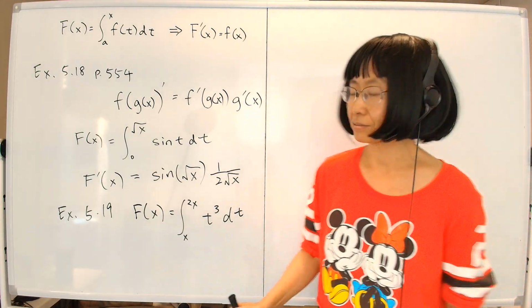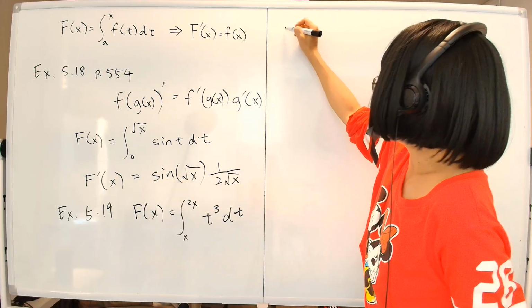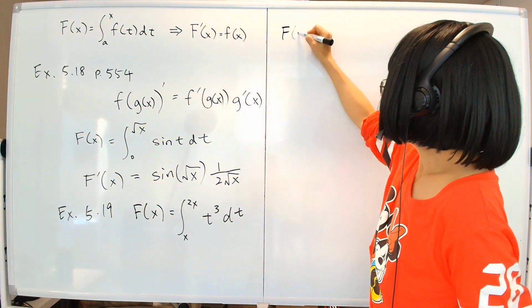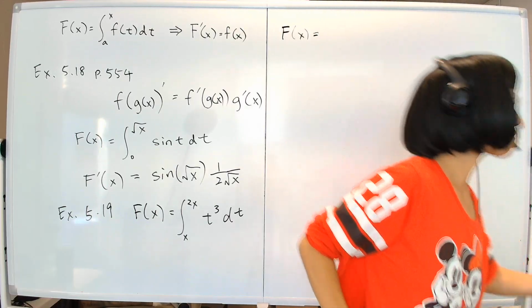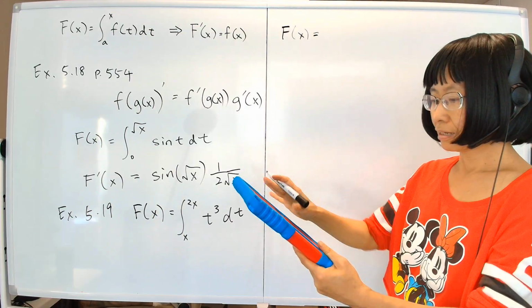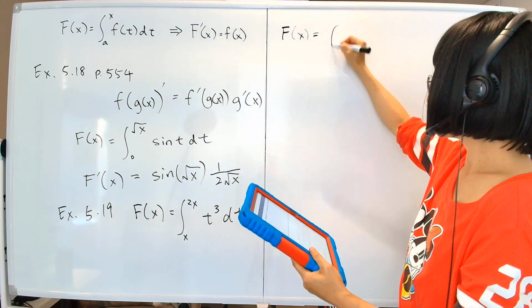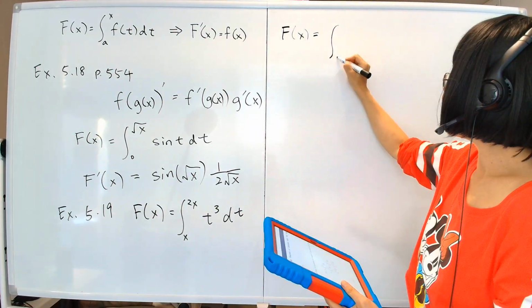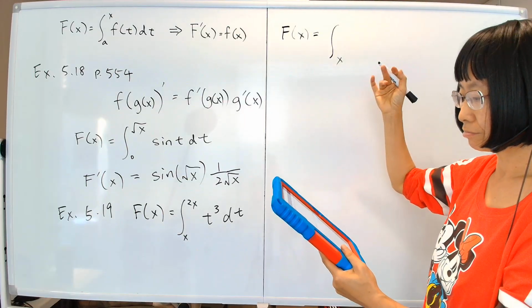So f of x then equals, we'll integrate from x to some other point. What do we call it? We'll call it 0.